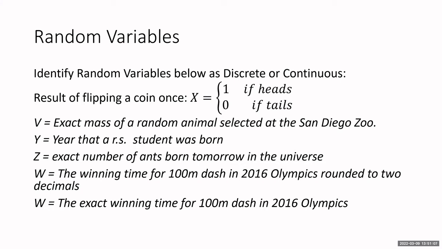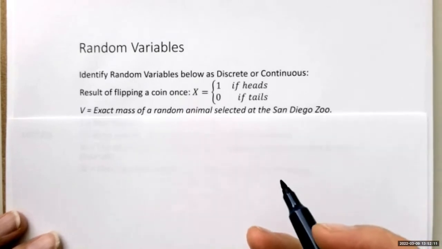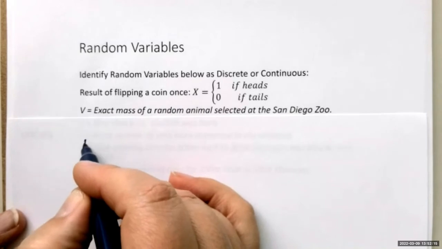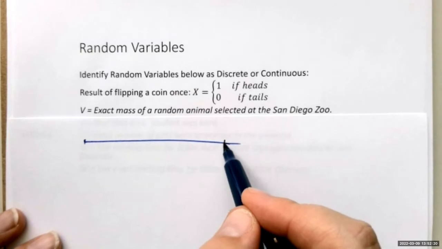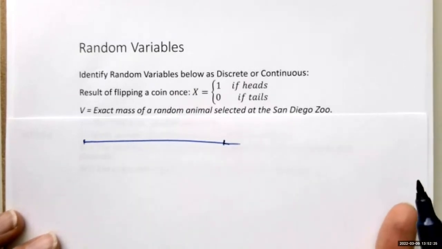Now, the next one is the exact mass of a random animal selected at the San Diego Zoo. Let me switch to the paper, because I want to spend a little more time on this question. Let's say we have the smallest animal versus the largest animal, so we're going to have some kind of interval.